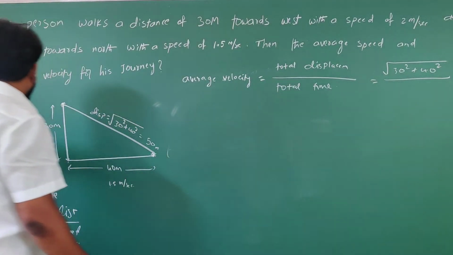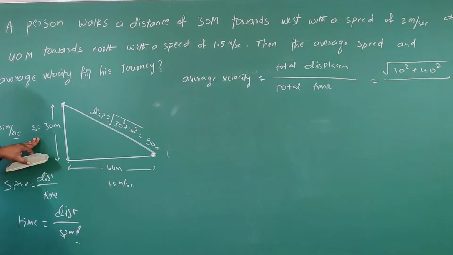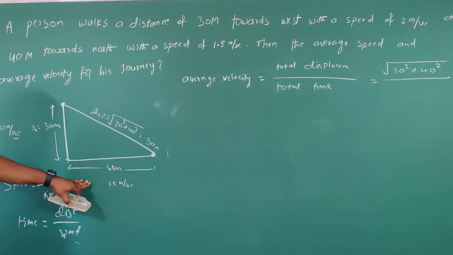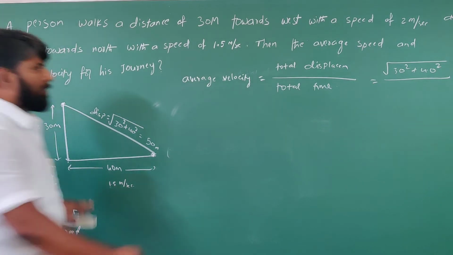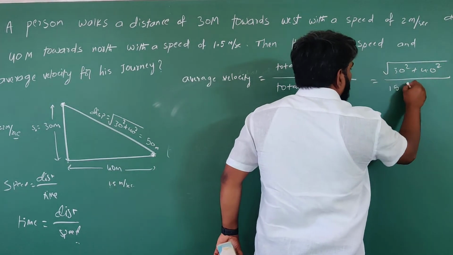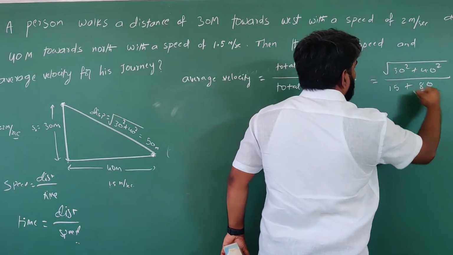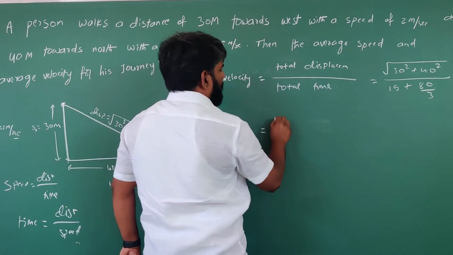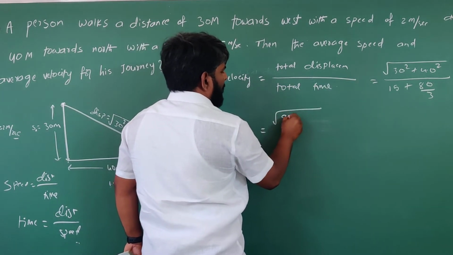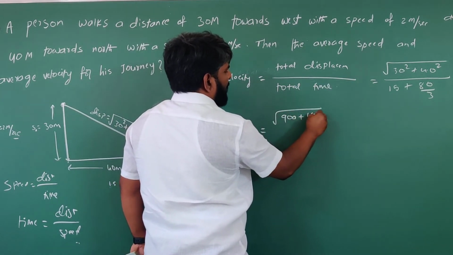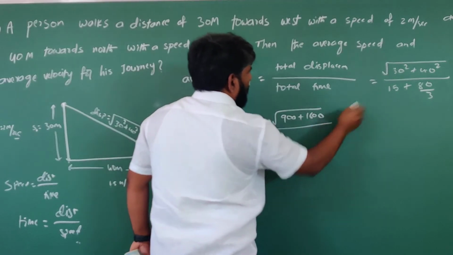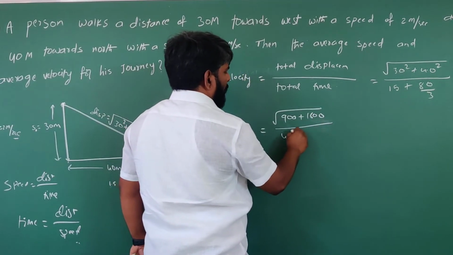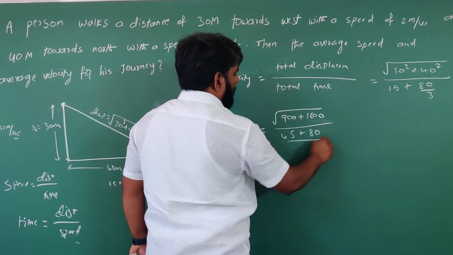Now total time we know. Here what is the time? 15 seconds. Here what is the time? 80 by 3 seconds. So 15 plus 80 by 3 seconds. Which is equal to root of 30 square plus 40 square, that means 900 plus 1600, by 45 plus 80 by 3.